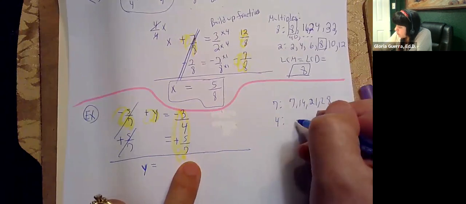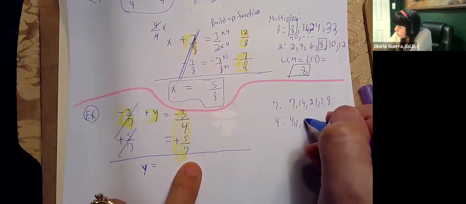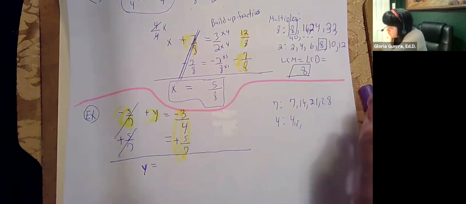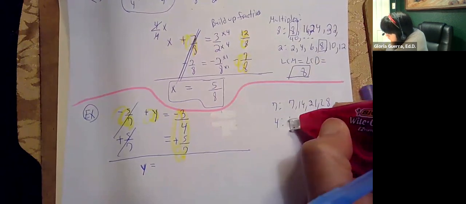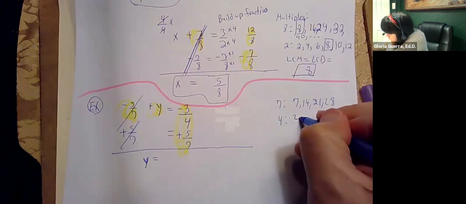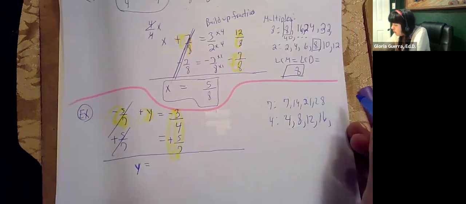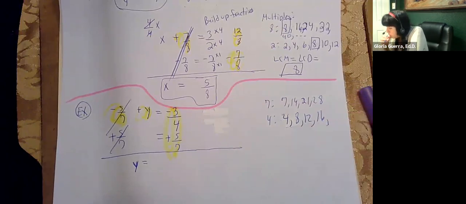On 4, 4 times 1 is 4, 4 times 2 is 8, 4 times 3 is 12, 4 times 4 is 16, and so on. But I think we have a match at 8. Let's see, 4, 8, 12, 16, 7, 14, 21, 28.